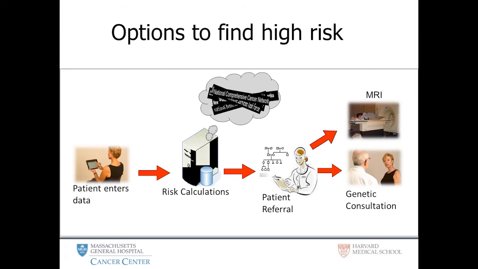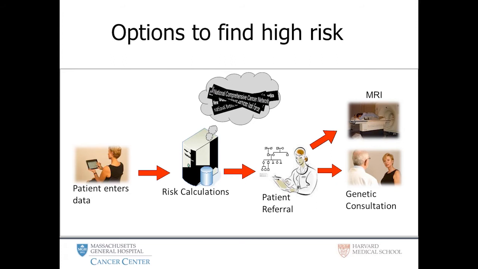It tells the physician which patients look like they're at elevated risk, either needing MRI or genetic consultation or both, and then helps the doctor get those patients off for those additional studies or consultations by helping them track those patients, write letters, send letters, and have particular lists put together, helping the doc to do more.